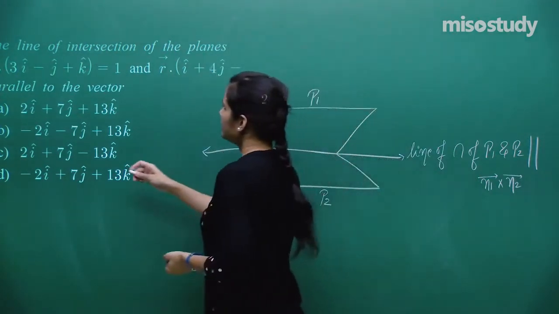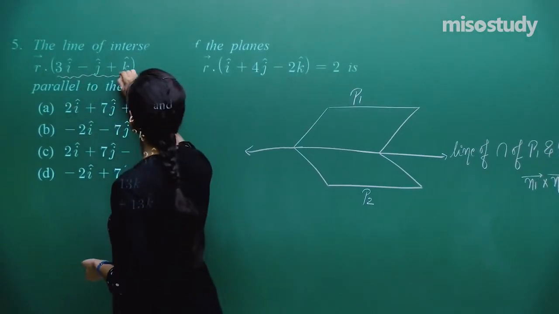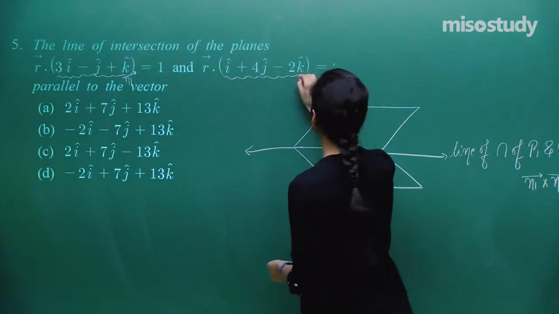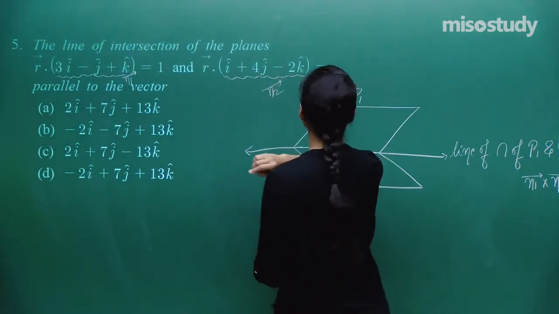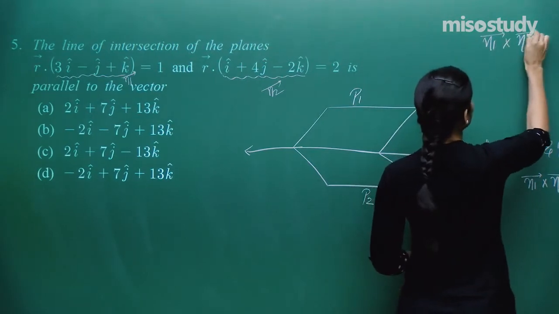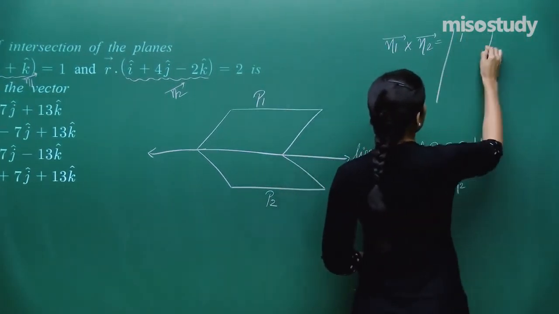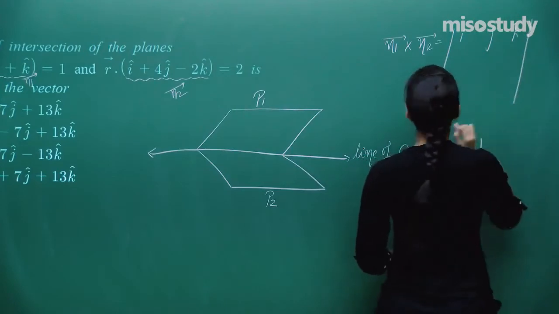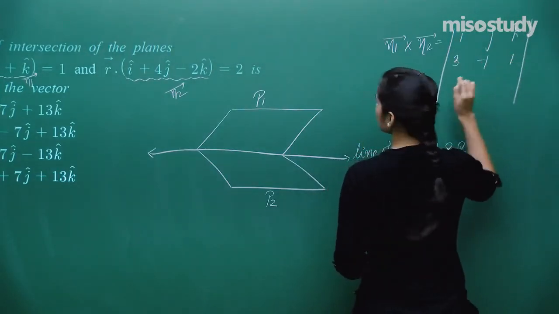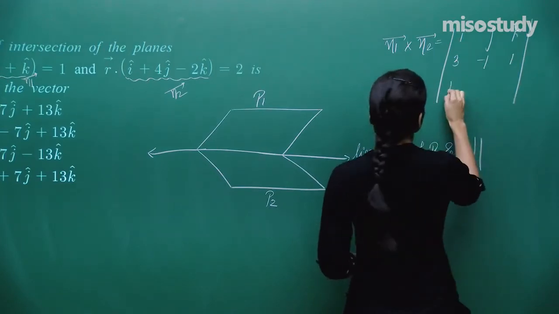What is N1? This is the normal vector N1. And this is the normal vector N2. N1 cross N2 is very easy to compute. This is i cap, j cap, k cap. Then you have 3, -1, 1. And you have 1, 4, -2.